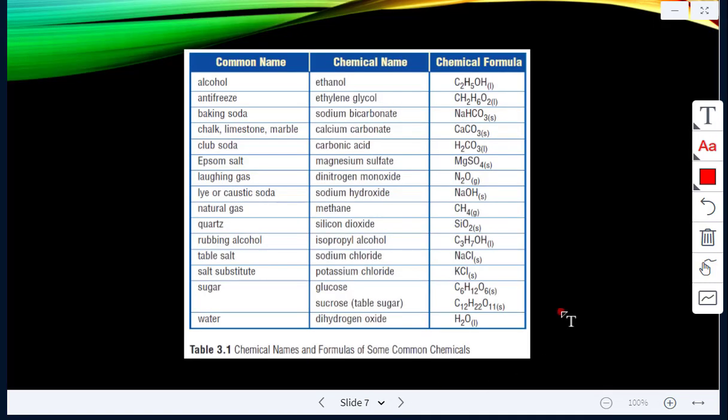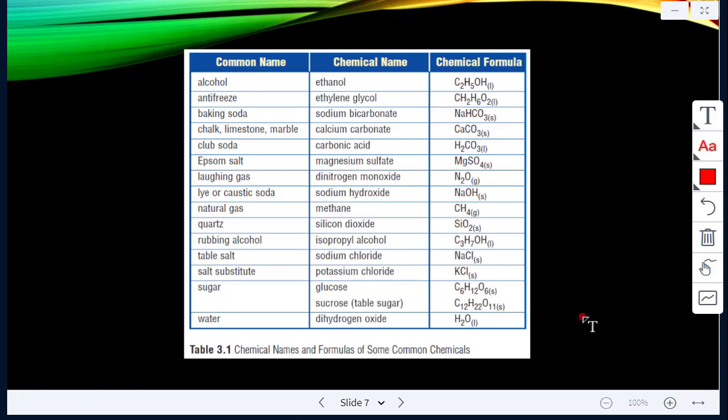All right, in this chart, we see some chemical names and formulas of some common chemicals, and this is in the textbook as well. It's table 3.1. For example, table sugar, or the white sugar that we use in baking and coffee and tea and so on. Table sugar is called sucrose, and here is its chemical formula.